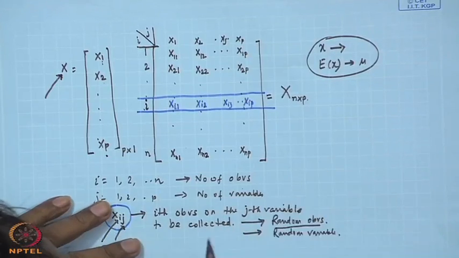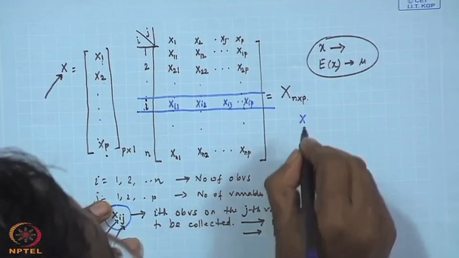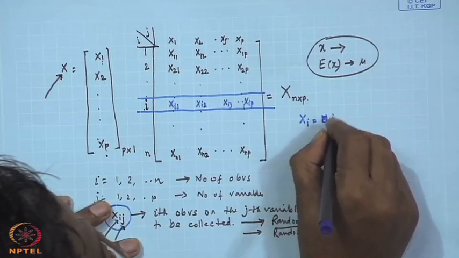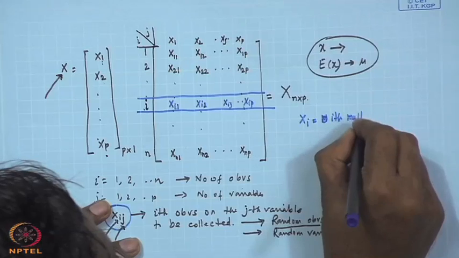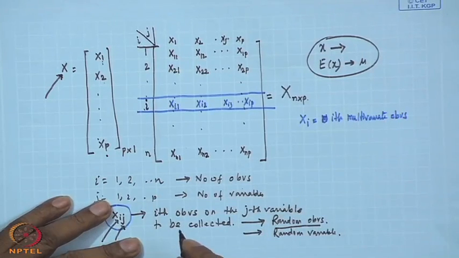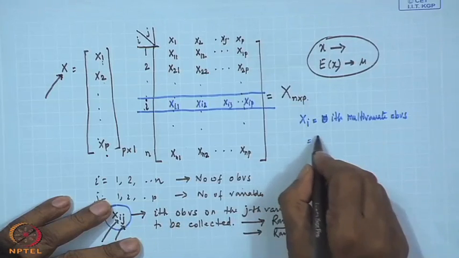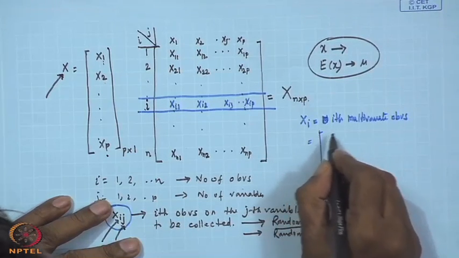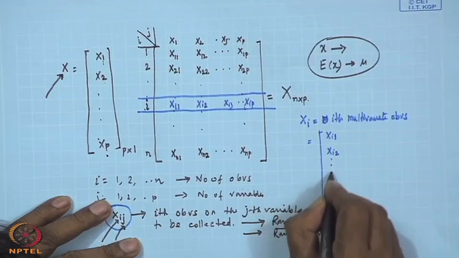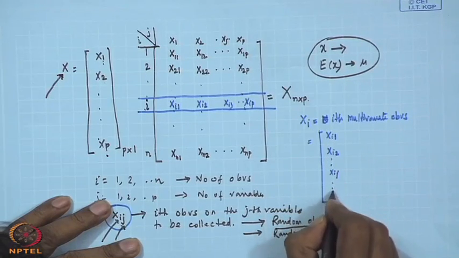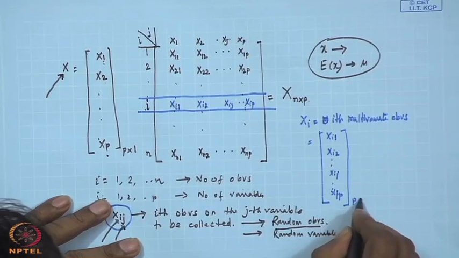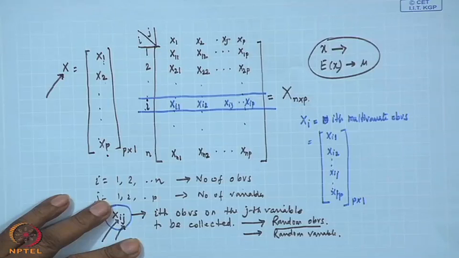If I write that x_i is the ith multivariate observation, can I not write it as x_i1, x_i2, x_ij, x_ip? This is a p cross 1 vector.